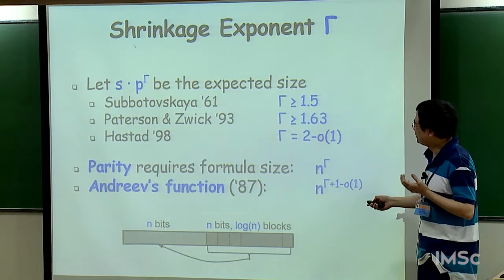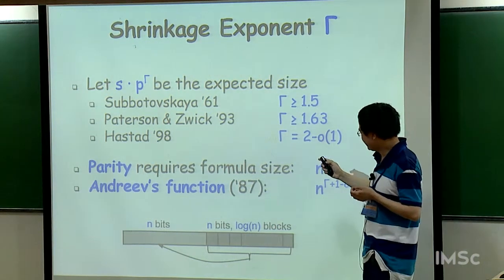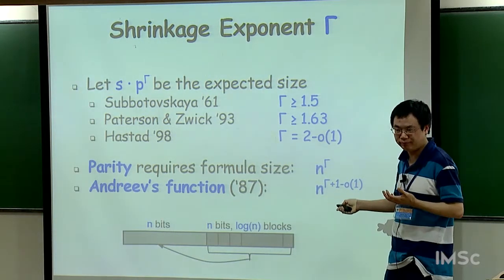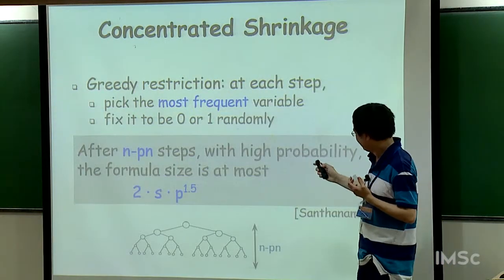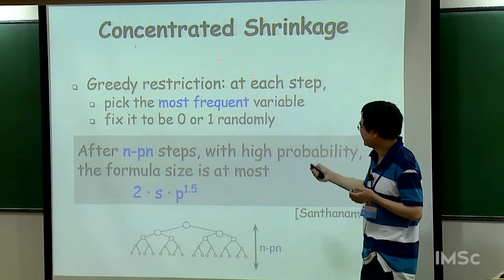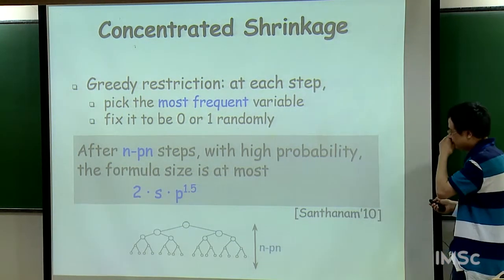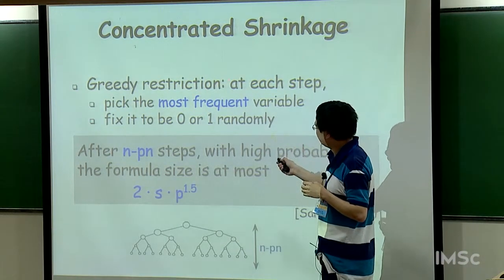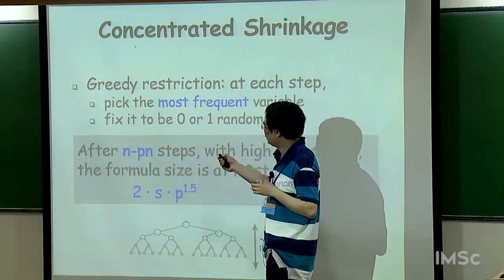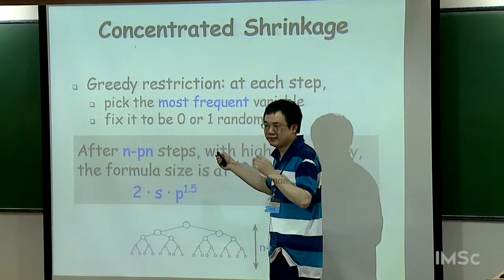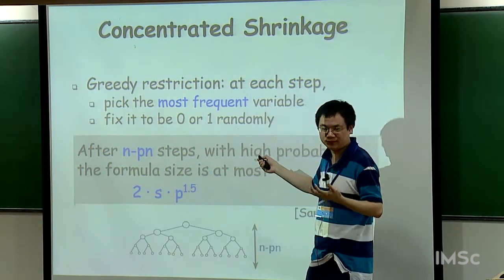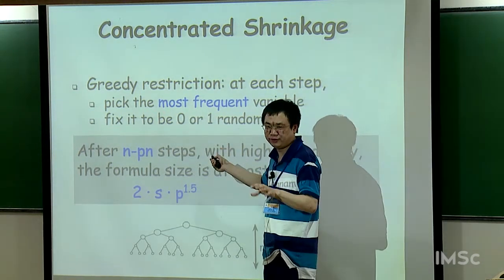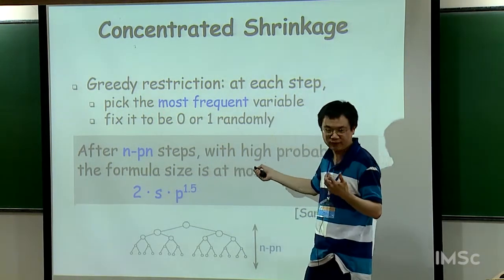Now, next I want to show that the shrinkage happens not just in expectation, but actually with high probability. I want to call that concentrated shrinkage. One simple way to show concentrated shrinkage is to use this kind of greedy restriction. Instead of using a completely random restriction, at each step I pick the most frequent variable appearing in the formula and restrict it randomly.